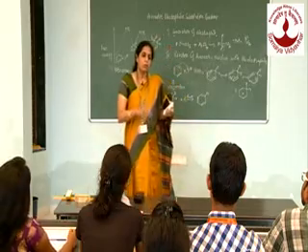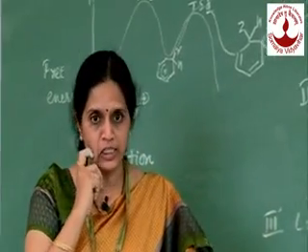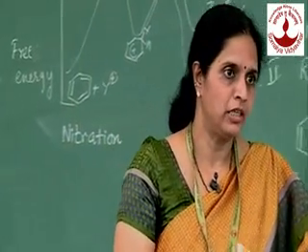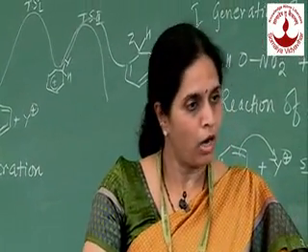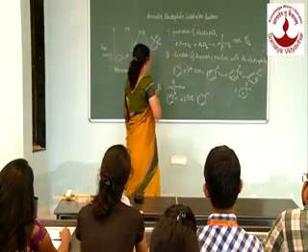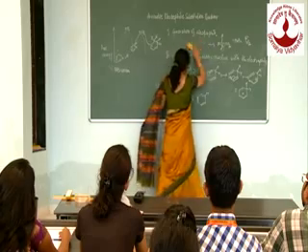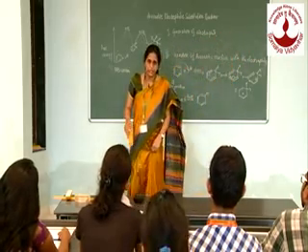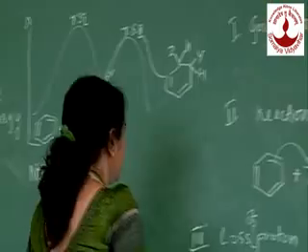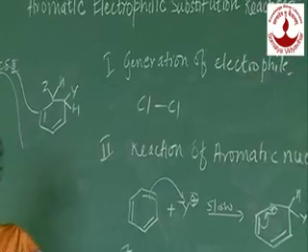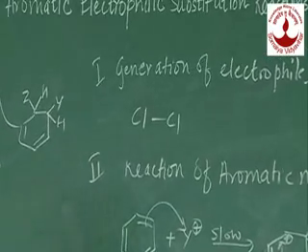Okay. Now we proceed to halogenation. In case of a halogenation reaction, how do we generate the electrophile? If you want to carry out chlorination of benzene to produce chlorobenzene, the chlorine molecule is not sufficiently electrophilic in nature.